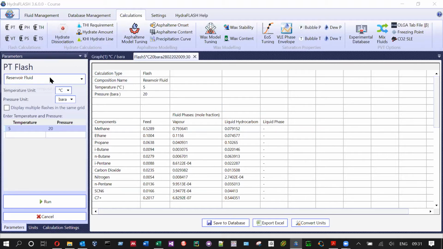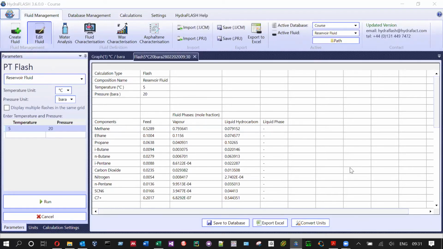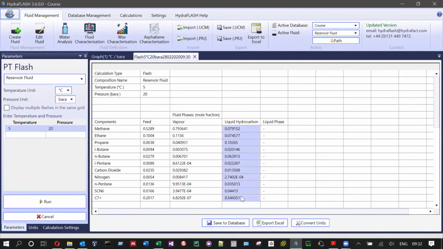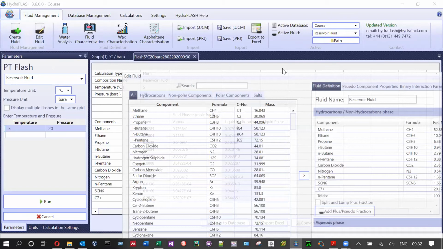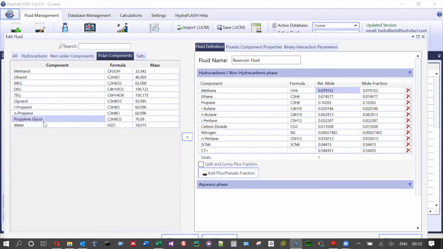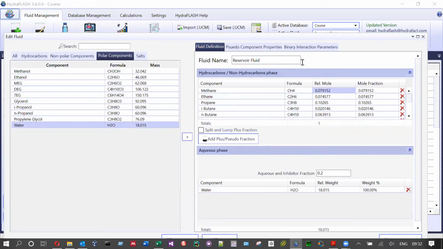So what I need to do is create a new composition. First of all, I need to copy this one, then activate this one and paste it here, and then add water to it. I call this one, for example, oil plus water.